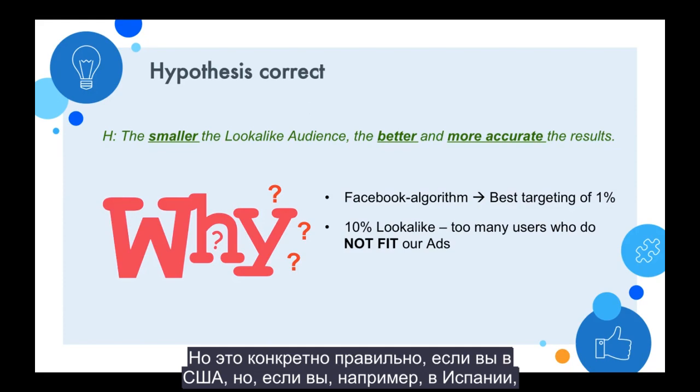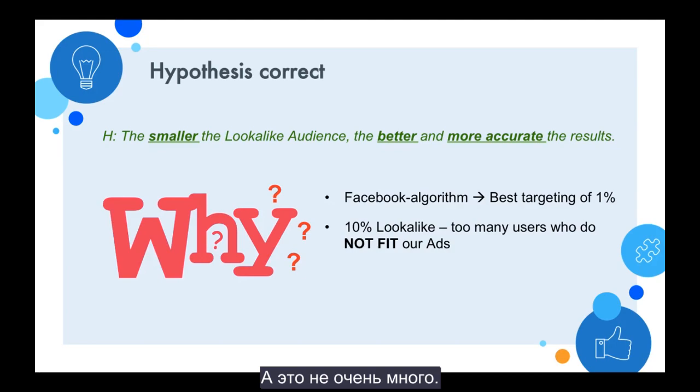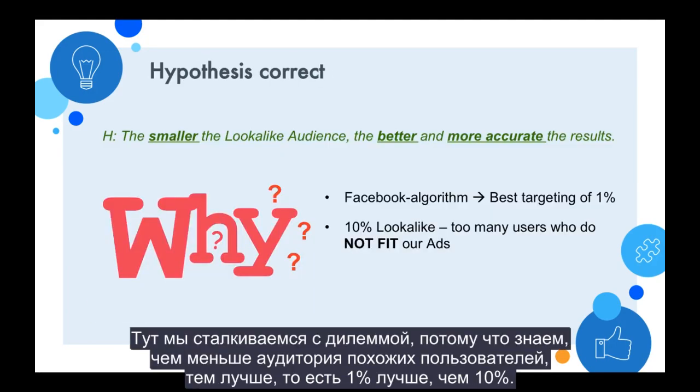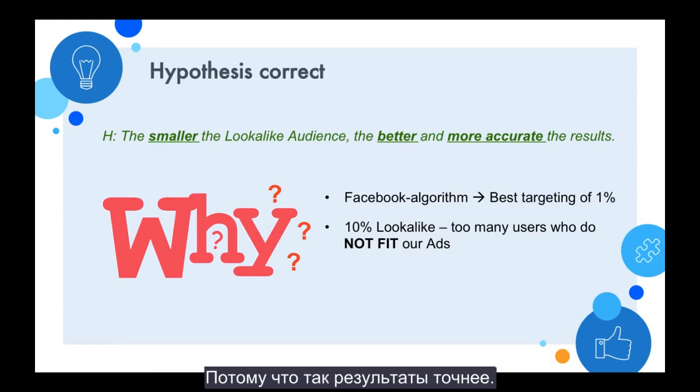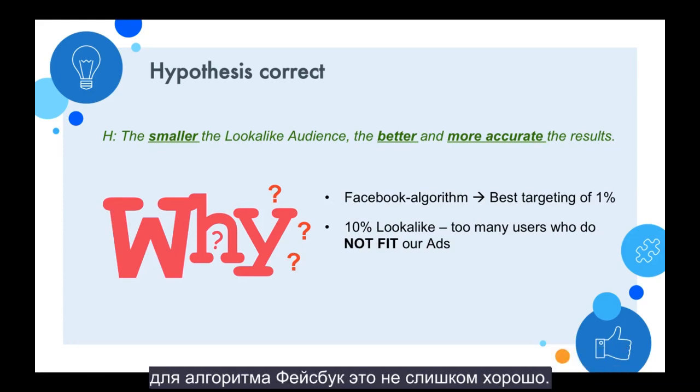But if you are in Spain, for example, the lookalike audience 1% would only be 260,000 people, and therefore would be too small. So it's a little bit of a dilemma, because we know that, of course, the smaller the lookalike audience, so 1% versus 10%, the better, right? Because it's more accurate. But on the other hand, we want to reach a specific audience size. If you're significantly lower than 800,000 people, it's not good for the Facebook algorithm.